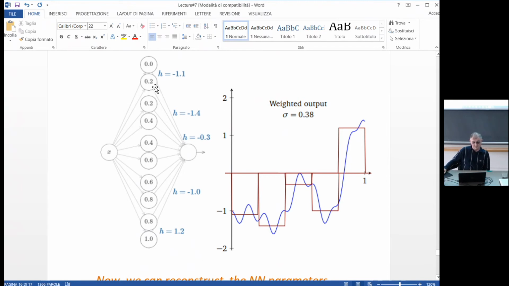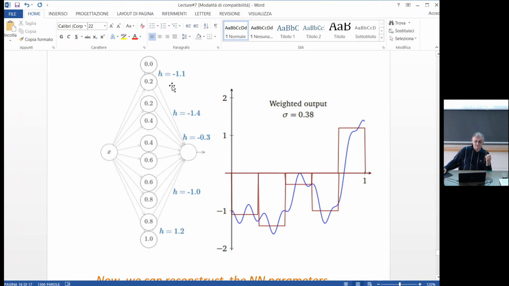0, 0, 0.2, 0.2, 0.4. So we have input, then we have 1, 2, 3, 4, 5 couples of hidden neurons.